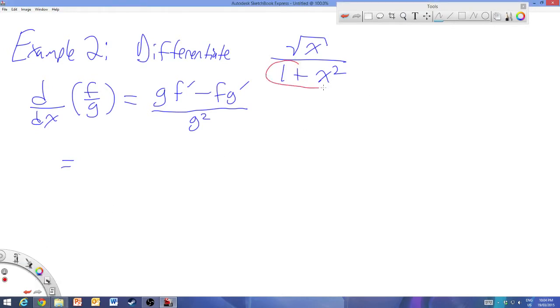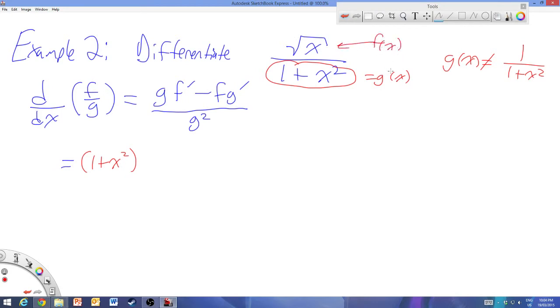So g of x is not 1 over 1 plus x squared. g of x is just the function that's inside the denominator. So g of x is 1 plus x squared. f prime, this is f of x.